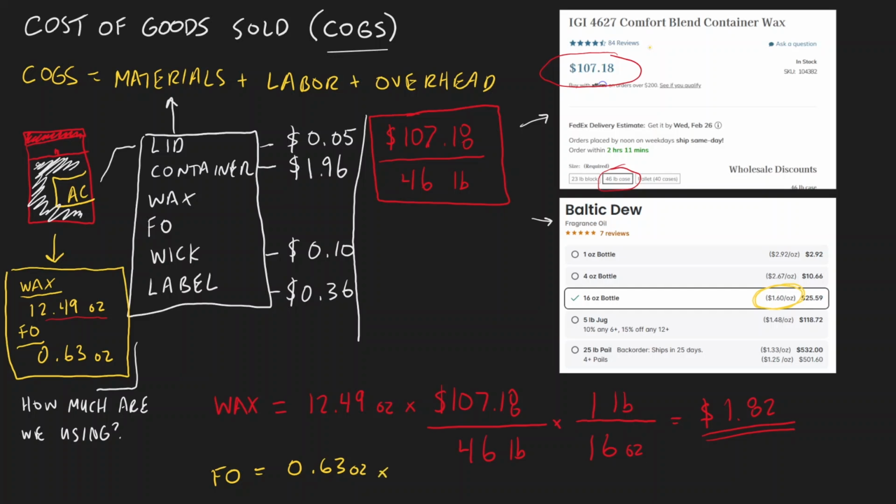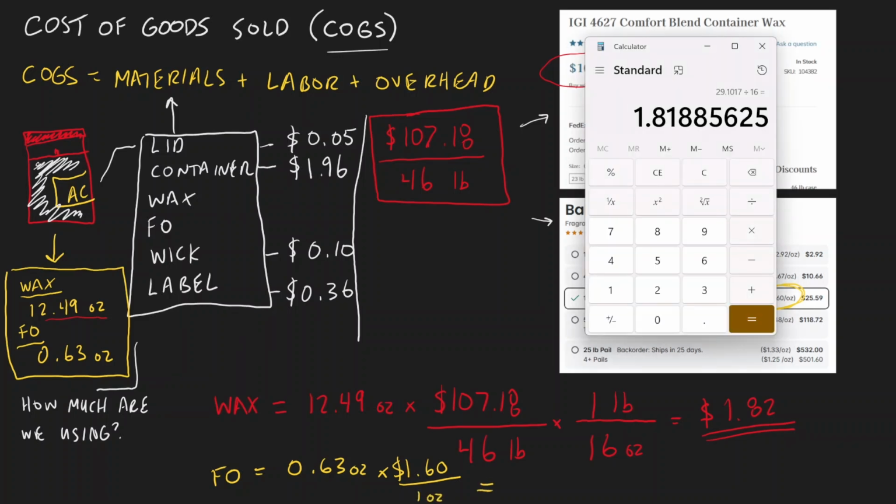We're going to multiply that by the rate that they give us here, $1.60 per every 1 ounce. And that is going to come out to 0.63 times 1.60, almost exactly $1. $1.01 worth of fragrance oil.